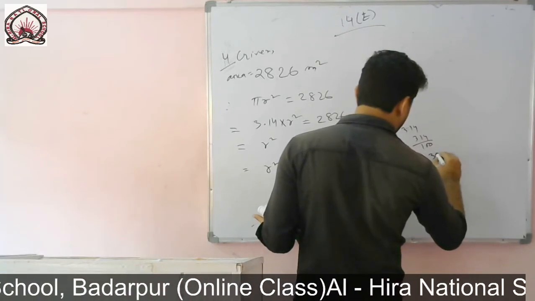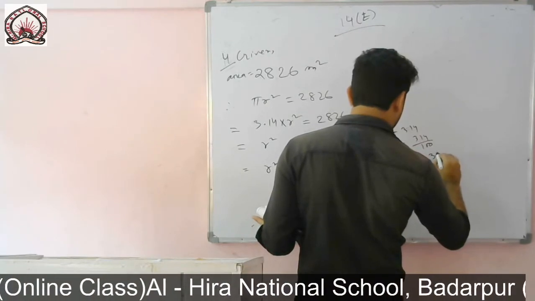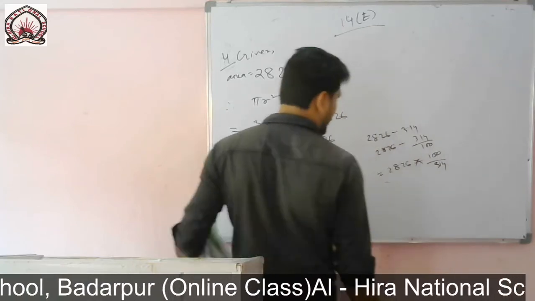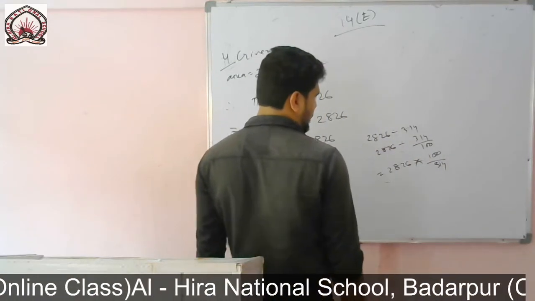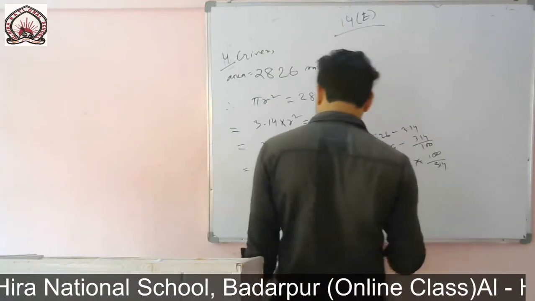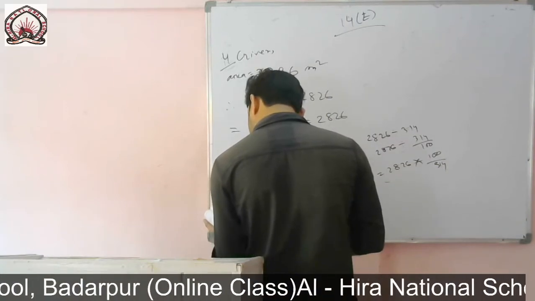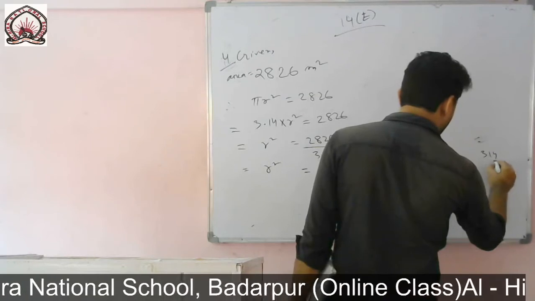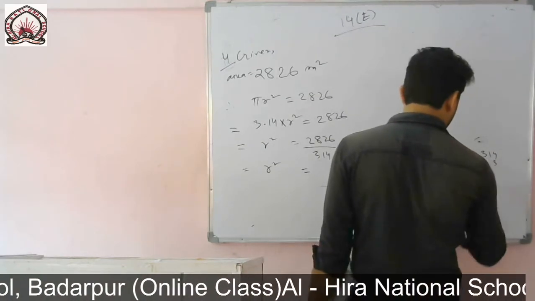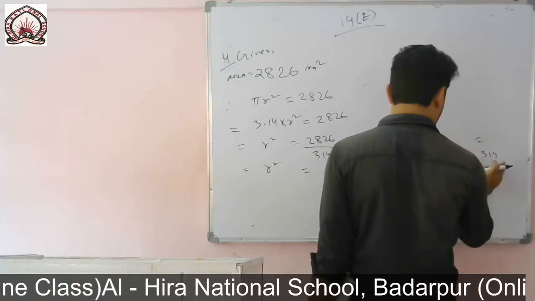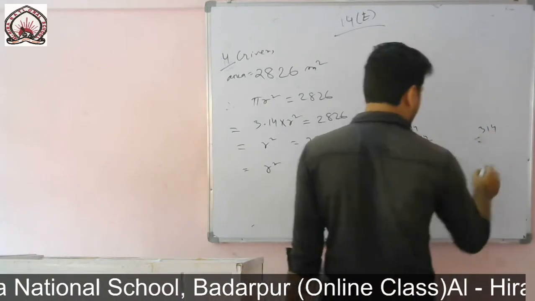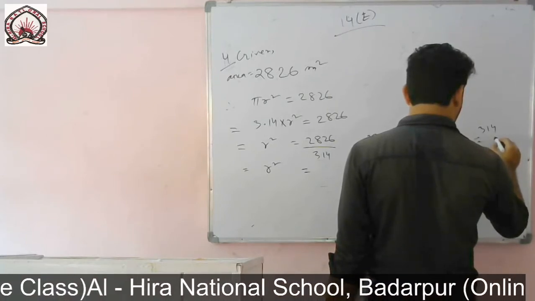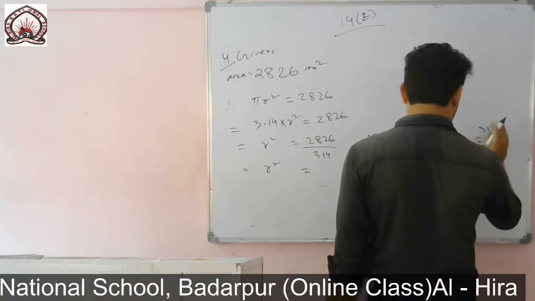That is 2826 into 100 by 314. Now let us check with 314 and let us cancel with small numbers.